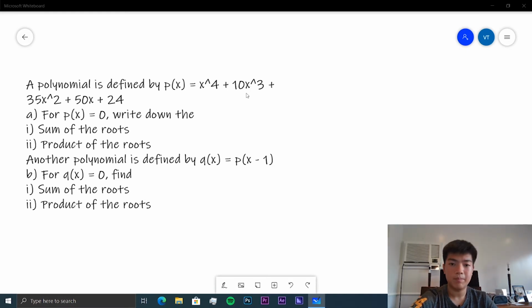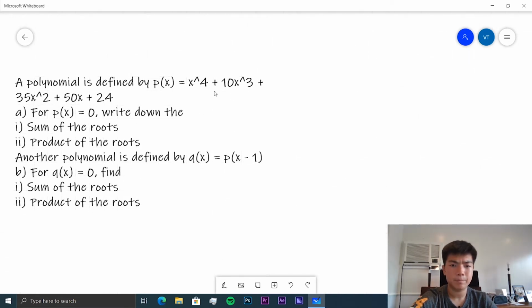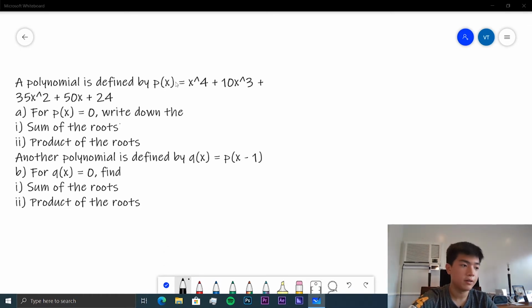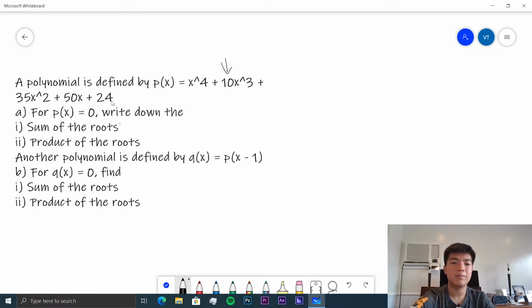So, yep. So the sum of the roots should be equal to 24. Just 24 divided by the coefficient of this number, of course. So we have sum of the roots is equal to, wait. No, sorry. This one is the sum and this one is the product.